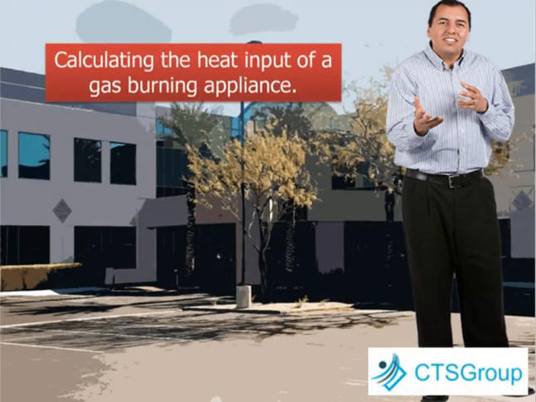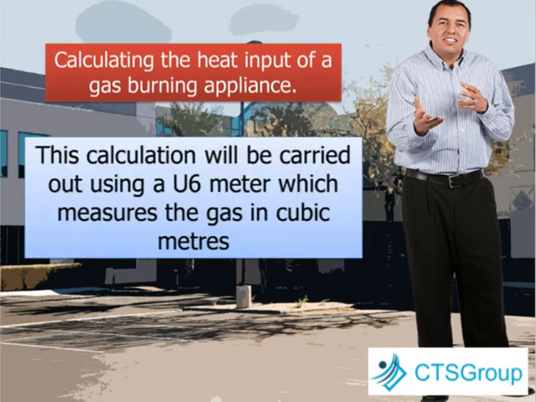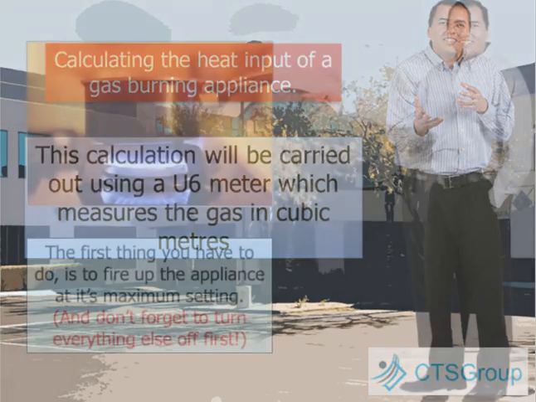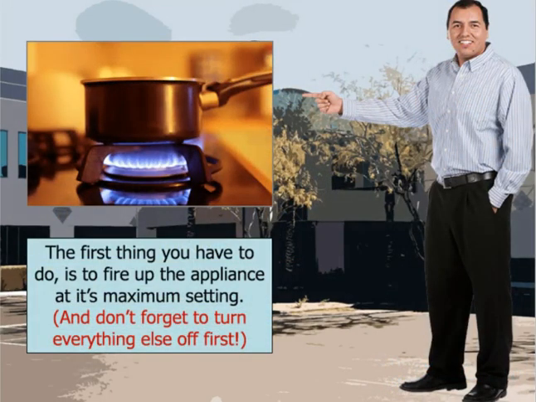Let's take a look at calculating the heat input of a gas-burning appliance. This example will be carried out using a U6 metric meter, which measures in meters cubed per hour. The first thing to do is to fire up the appliance to its maximum setting, and don't forget to turn everything else off first.